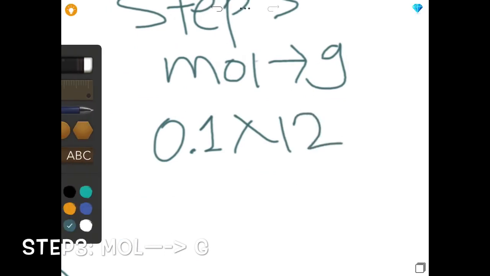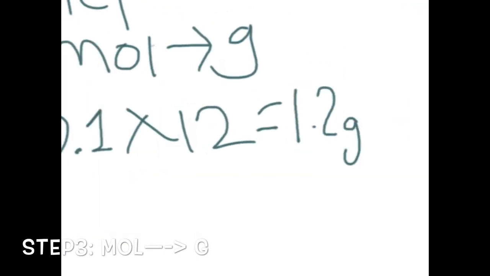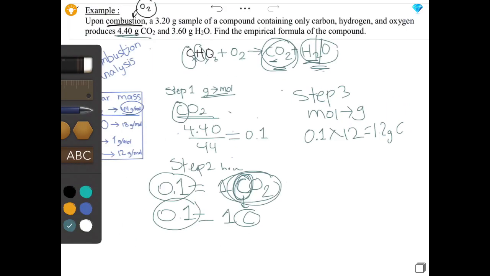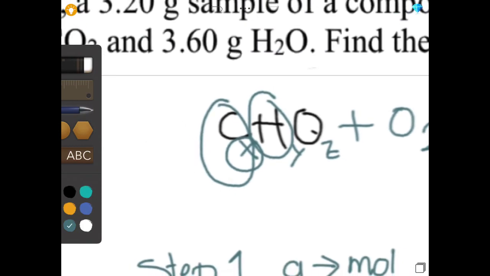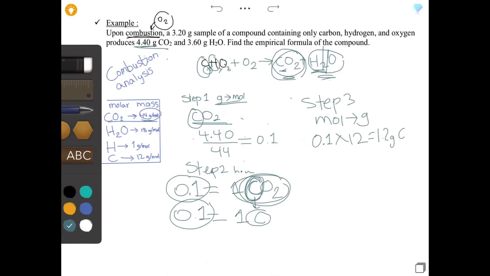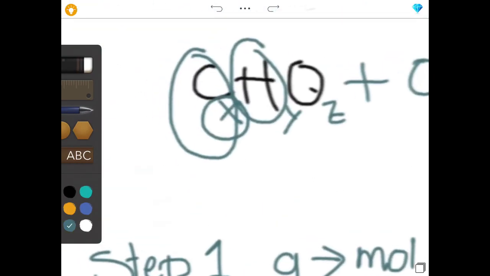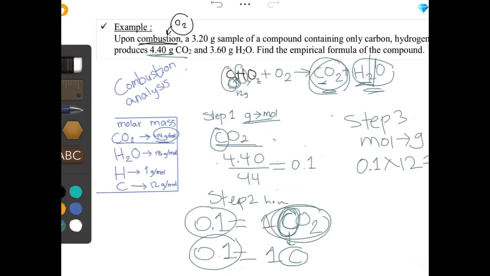So 0.1 multiplied by 12 equals 1.2 gram of C. So we found the mass of C. It's kind of long, but they are easy steps. So we found the mass of C, which is 1.2 gram.